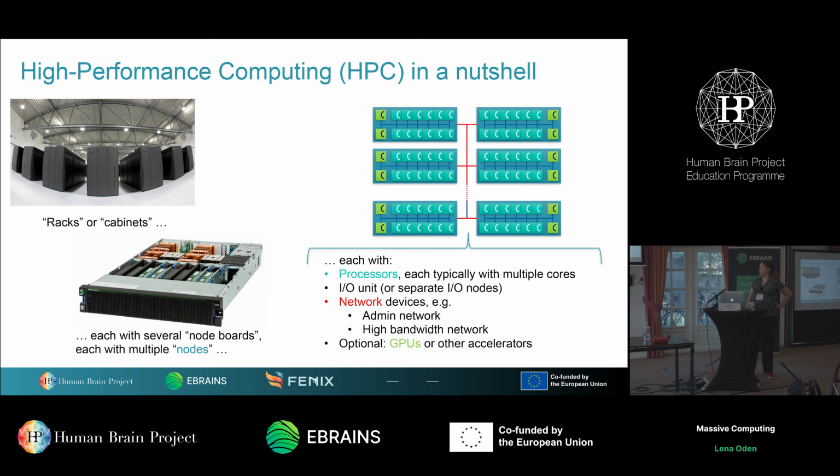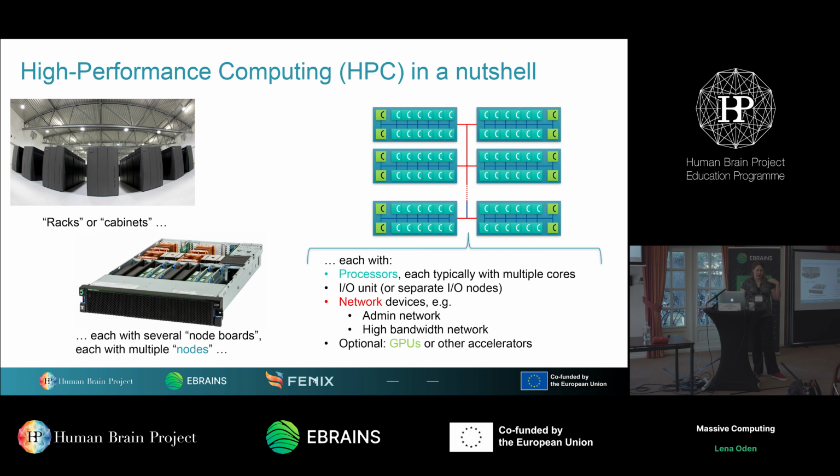Basically, an HPC computer is a very large computer, as you can see here, with a lot of racks and cabinets, and you have a massive compute power, and you have a lot of processors, usually each with multiple cores. You have I/O, so usually you have dedicated storage devices which are just there to provide data.